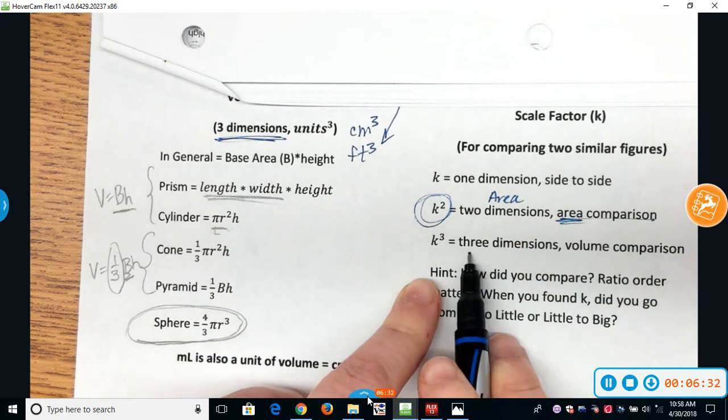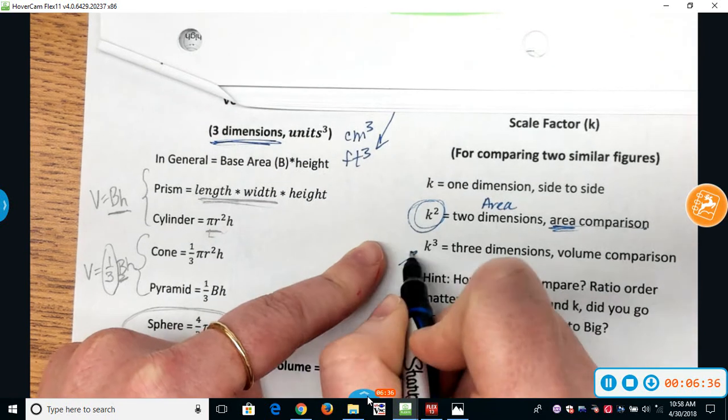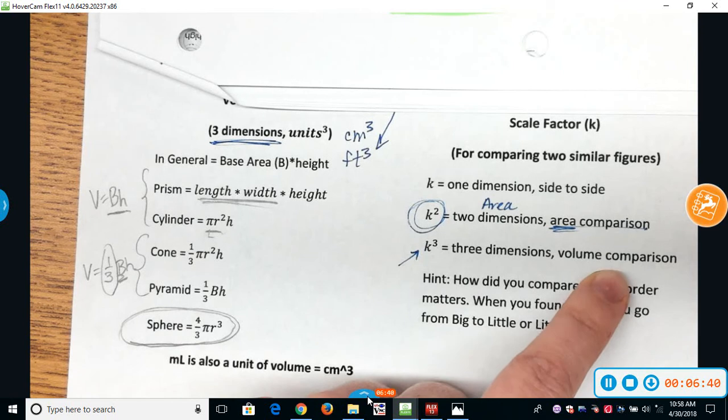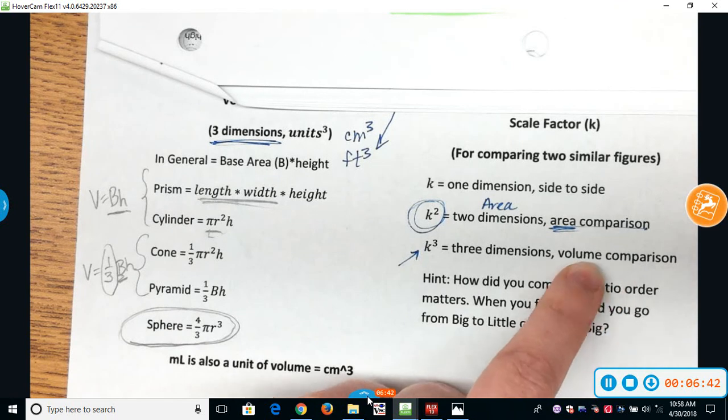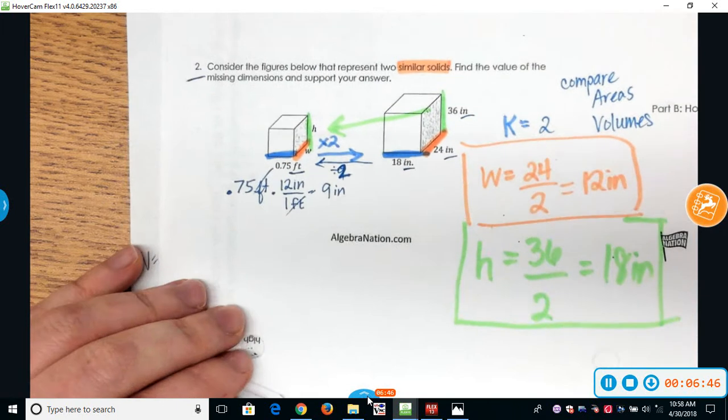Now, when you have 3 dimensions, you need to cube your scale factor, and that will give you a volume comparison. Okay, so here's what I want to do to show you what that means.